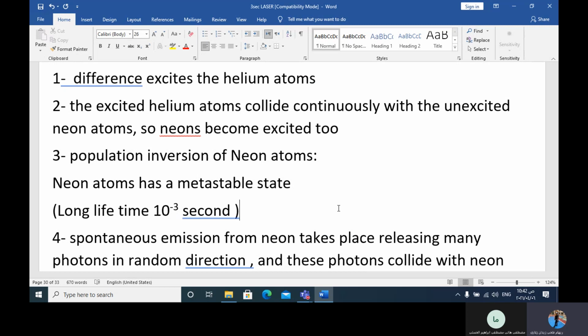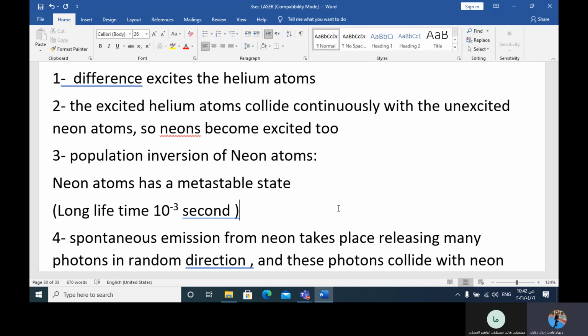And this radiation will be stimulated radiation and will have the same phase and the same frequency as the falling photons. But actually, another type of radiation also happens, which is spontaneous.